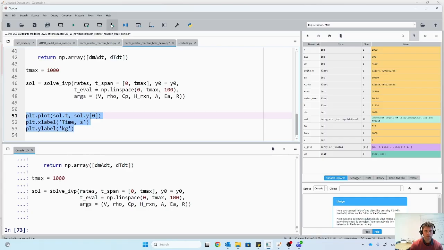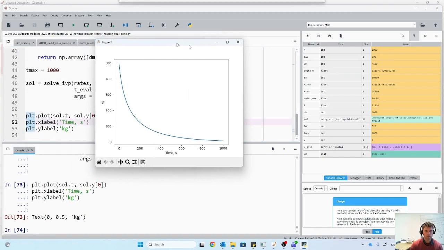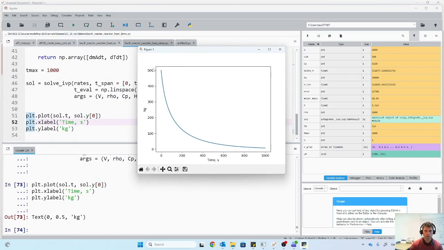Let's try to plot that. Right. So we start at 500 kilos of the ammonium nitrate, and then it's solubilized over time, almost reaching 0 kilos left after 1000 seconds.